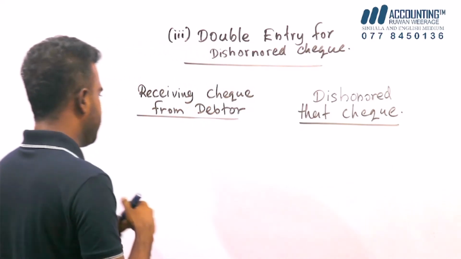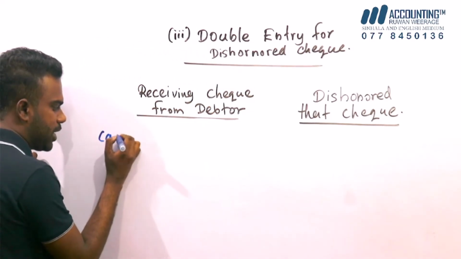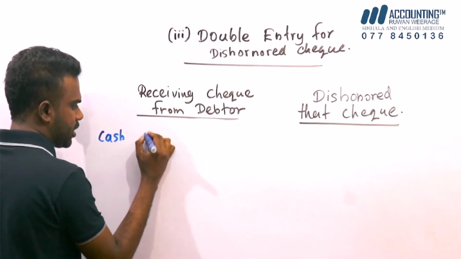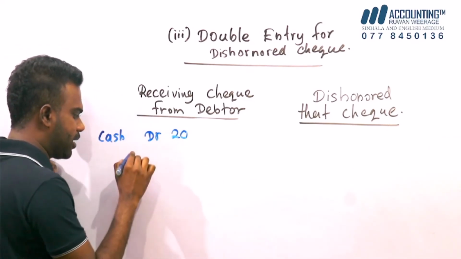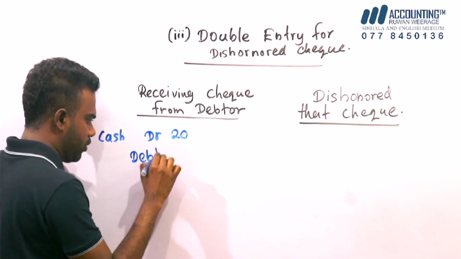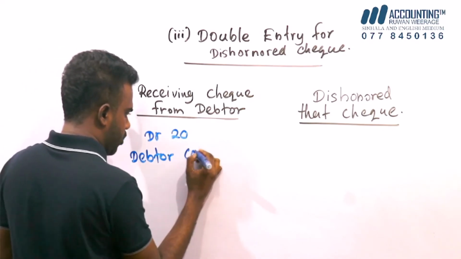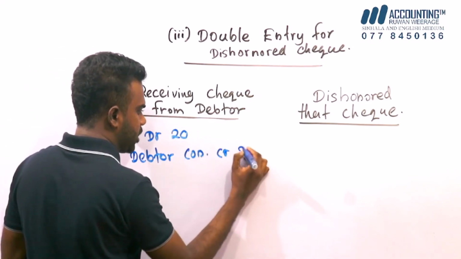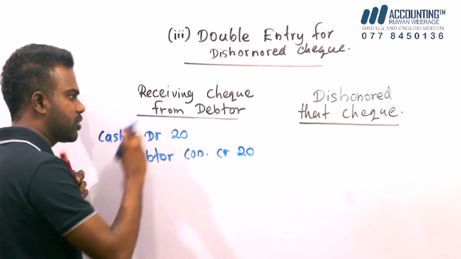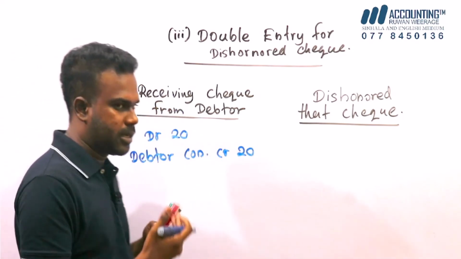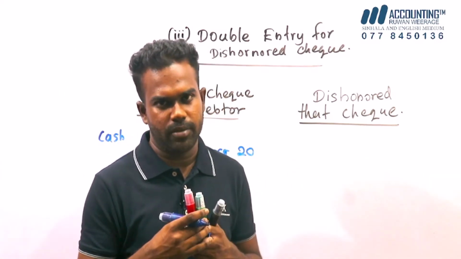When receiving checks, our cash asset increases: cash debit, but the debtor asset decreases: debtor control account credit, right? This is the double entry for receiving a check from the debtors. Receiving a check means the same as receiving cash, right?